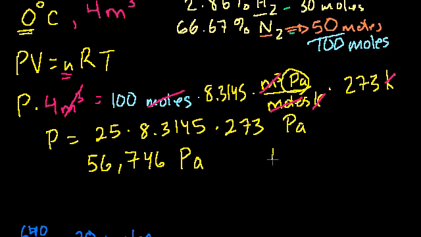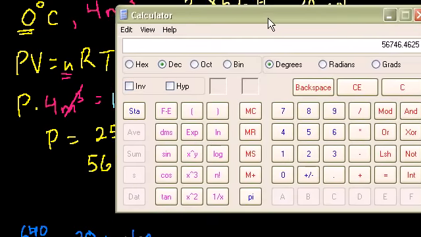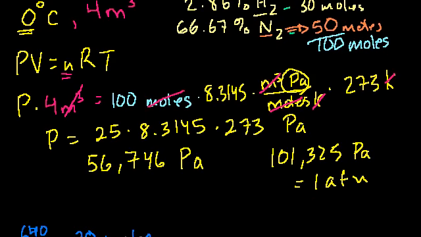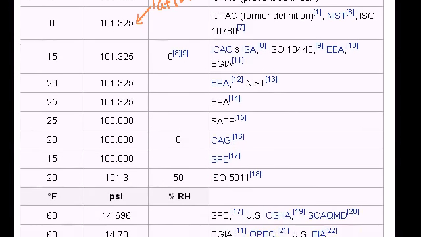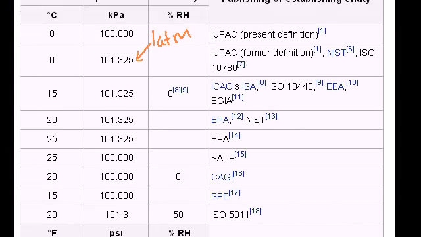It actually turns out that 101,325 pascals, I think, is equal to 1 atmosphere. So if we want to figure out how many atmospheres this is, we could just divide that by that large number. I think that's right. Let me look it up on this table. Is it 101? Yep, 101,325.